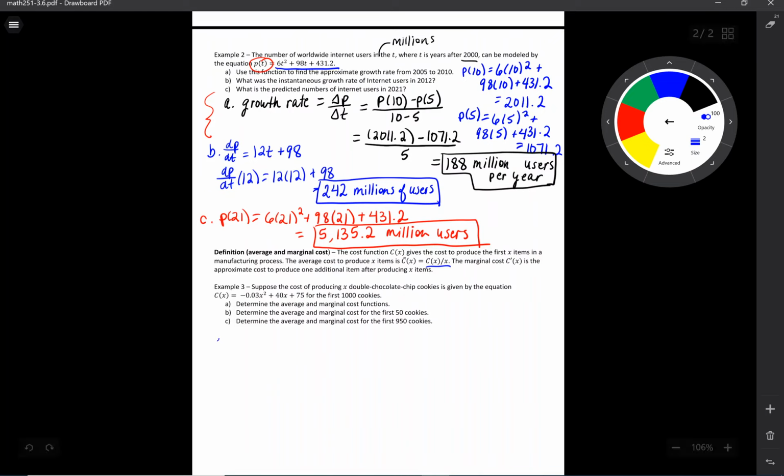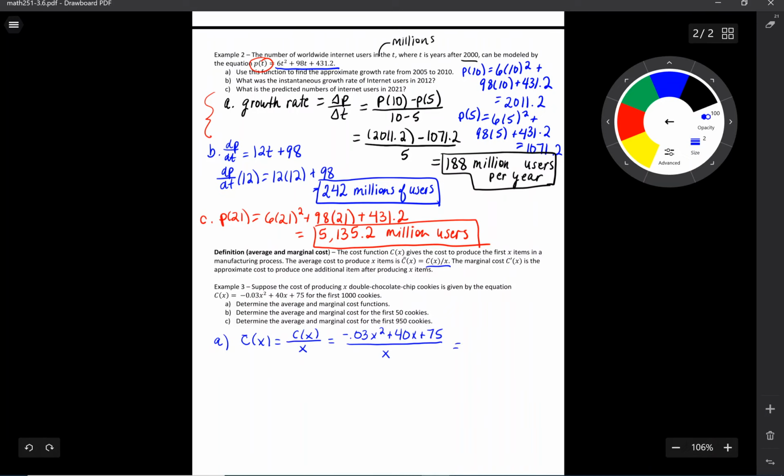So the average cost function is this c bar of x, which is c of x divided by x. So my cost function here is negative 0.03x squared plus 40x plus 75, and then I divide this by x. If I simplify this a little bit, I can cancel out an x from the first two terms.